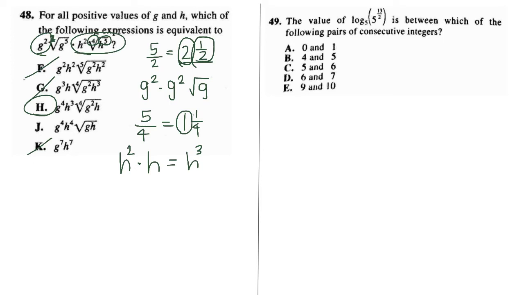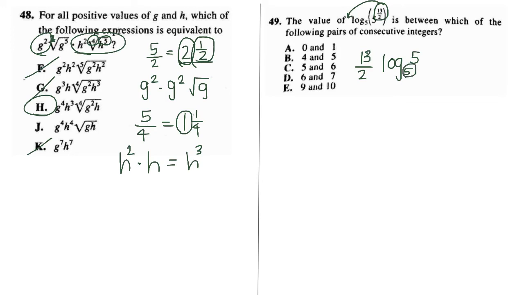All right, and number 49. We have logarithms, and with logarithms, there's all kind of rules that we always tend to forget. One big rule that people tend to forget, that exponent needs to move down to the front. So it's 13/2 times log base 5 of 5.